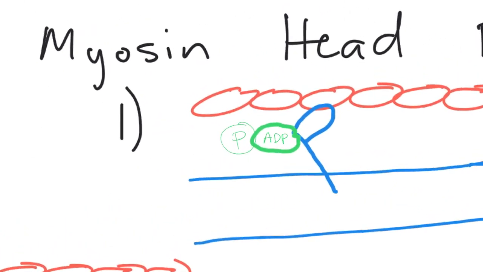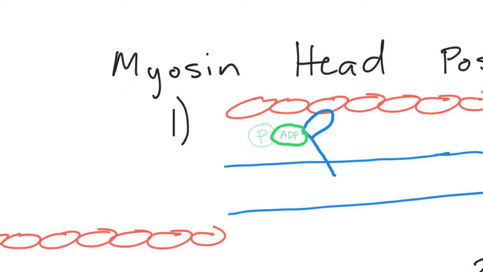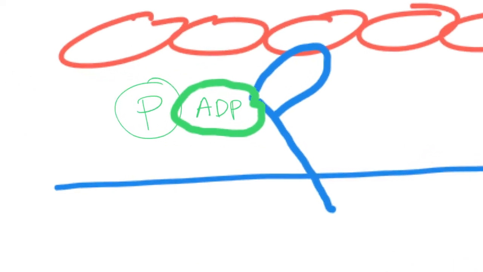So ATP has 3 phosphates on it. When you break off one of those bonds, you release energy. So at this point, we have now ADP, which has 2 phosphates, and then the other phosphate, which is broken off.